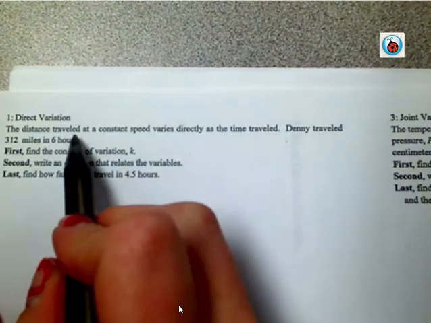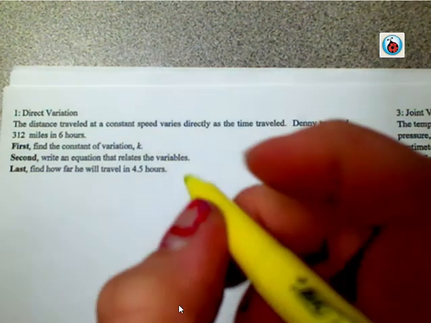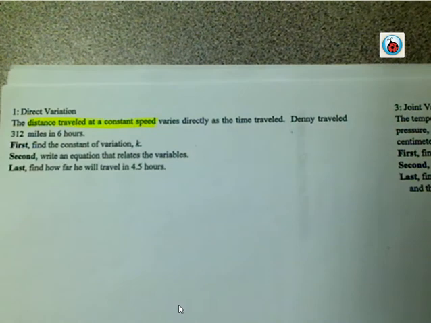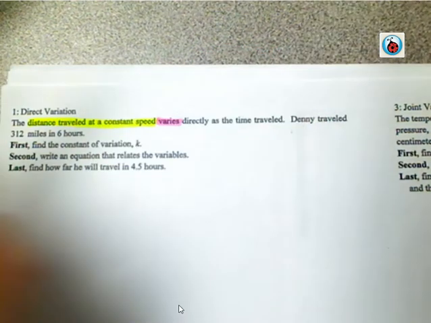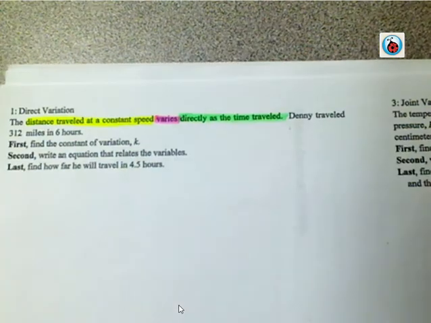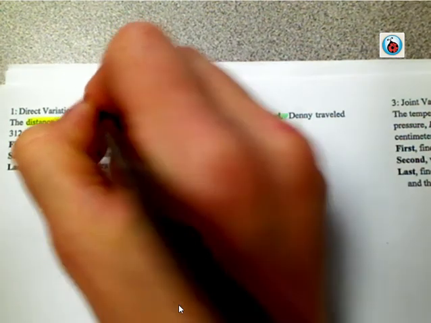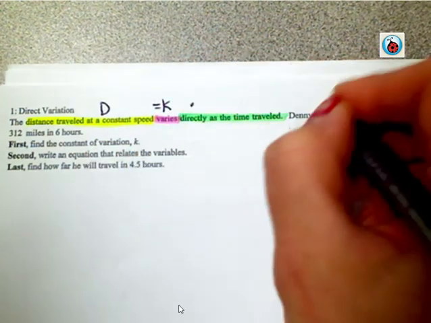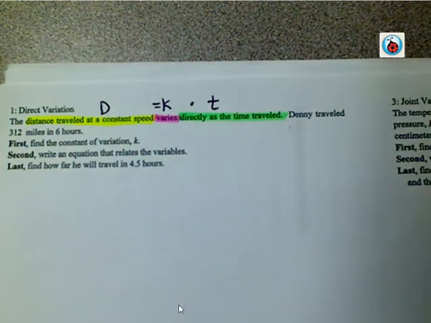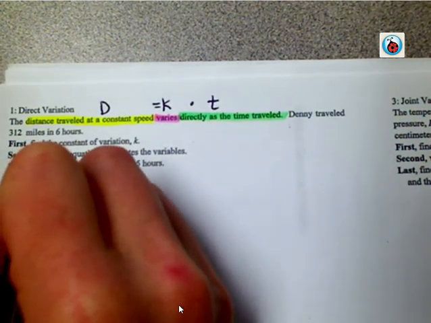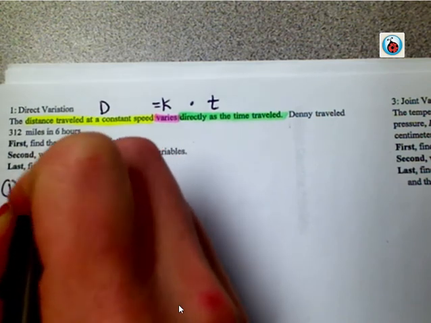Okay. The distance traveled at a constant speed varies directly as time traveled. So I'm going to pick some letters here. D equals K times t. Directly time. Okay, there's my equation. First, let's find the constant of variation. That would be my K value.